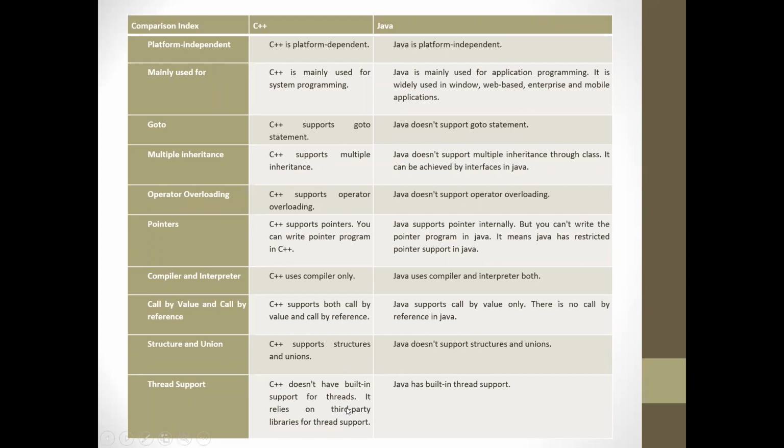Whenever we want to use any multi-threading concept in C++, we have to use third-party libraries. But in the case of Java, it is an inbuilt feature provided for creating any multi-threading application. These are all the differences and some application features of Java and C++, where we use C++ and where we use Java.